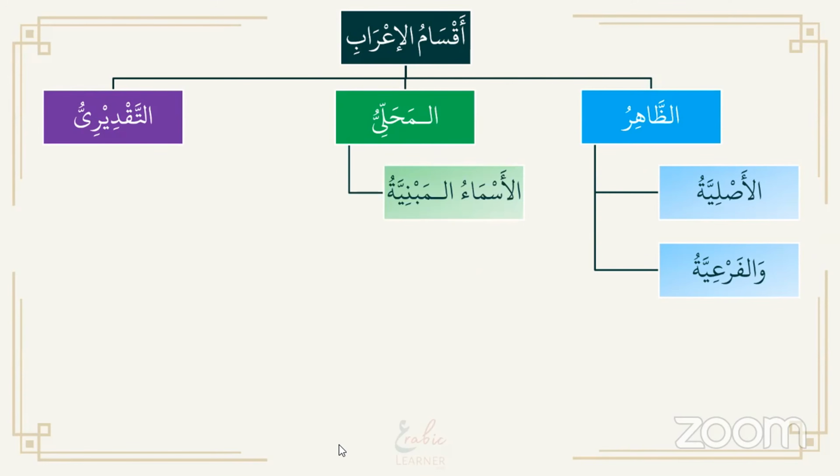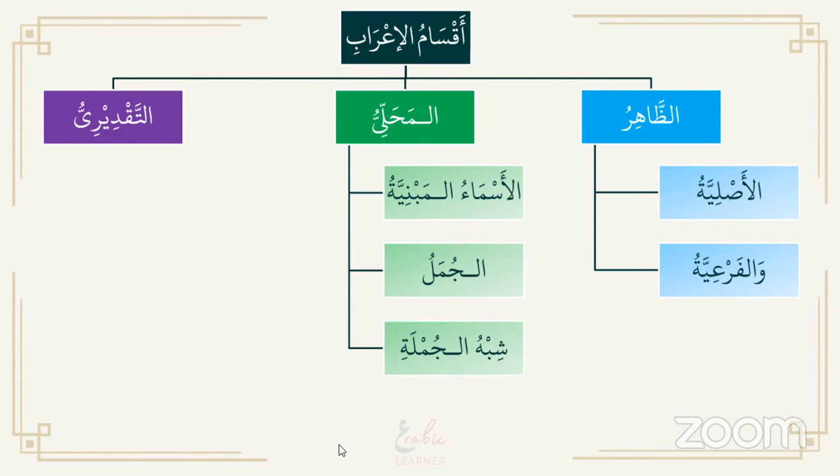Al-Mahalliyu contains Al-Asma al-Mabniya, then Al-Jumalu, Shibhul Jumalu, and Al-Masdarul Mu'abbal. All the Mabniyas which do not decline in the 3 statuses, Rafa, Nasab, and Jar, fall into this category. Jumla could be Jumla Ismiya or Jumla Fi'liya.